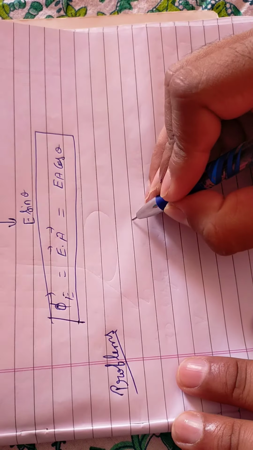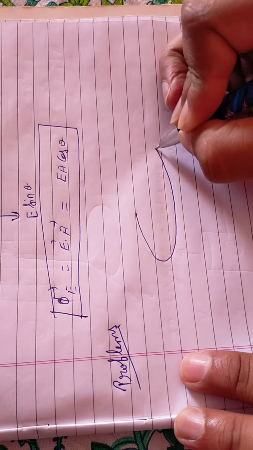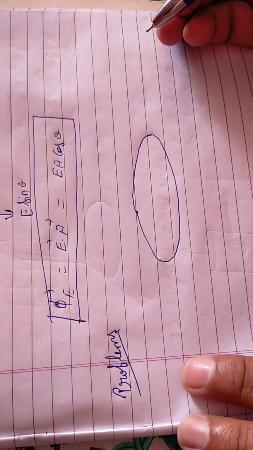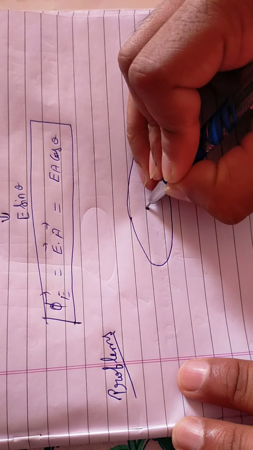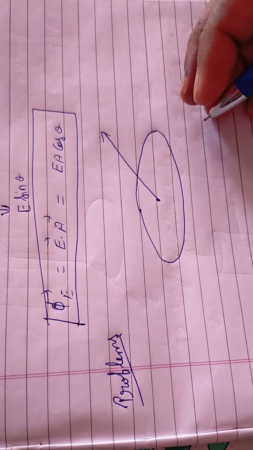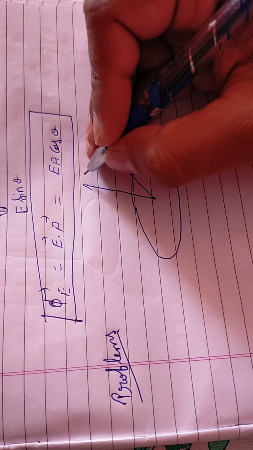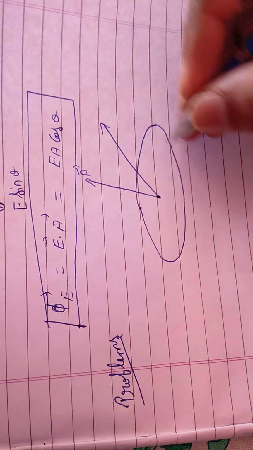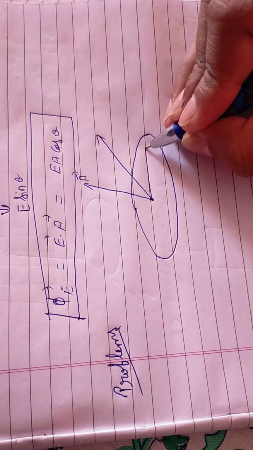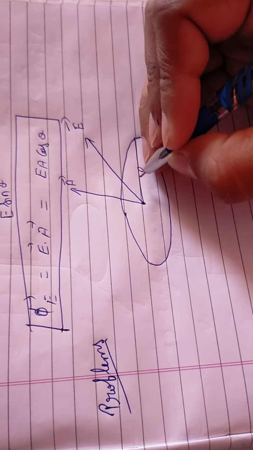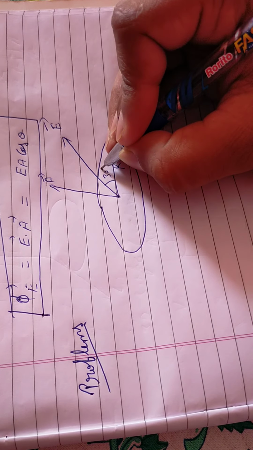Now suppose you have a circle, and inside the circle the electric field lines are along this side. We consider any direction, and the area vector is always outward. So this is our area vector, and this is R, the radius of the circle, and this is our electric field lines, and we are giving this angle 30 degrees.